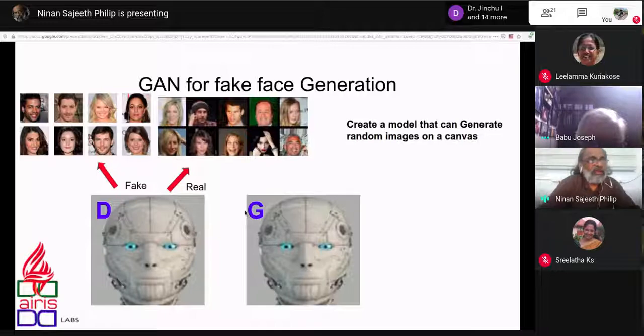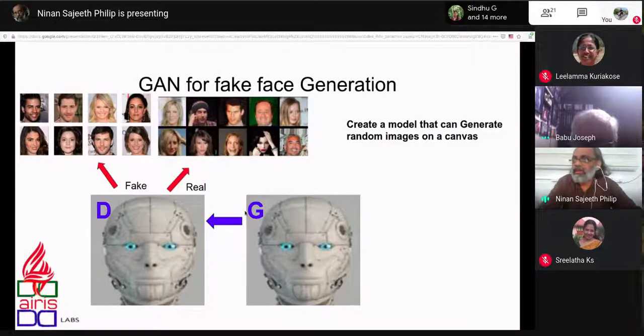Now the generator, as I mentioned, has no idea what the situation is, but it has a canvas on which it can draw. And just like a child who is not able to understand anything draws some random curves, the generator draws some random curves and submits them to the discriminator.